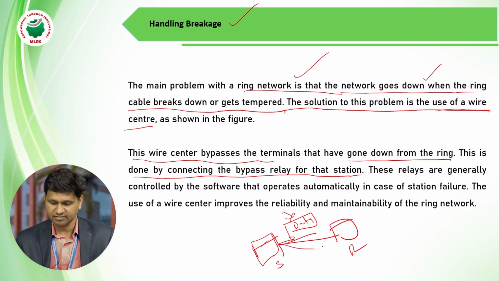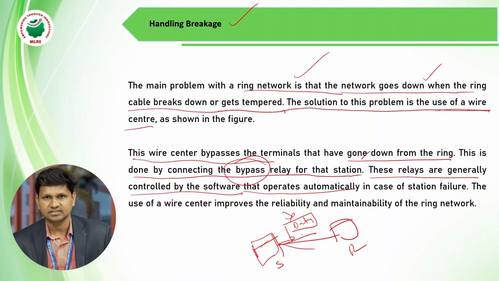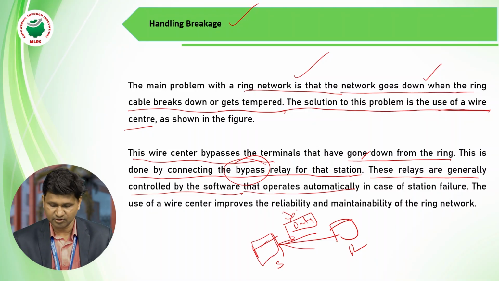We always have to take a backup for retransmitting the data. In advanced computer networks, we have a concept called bypass relay for stations. These relays are generally controlled by software that operates automatically. If data packets slow down or the network goes down, the software takes control automatically.